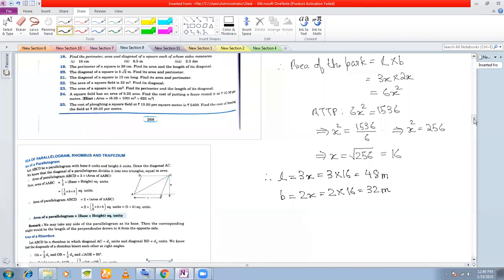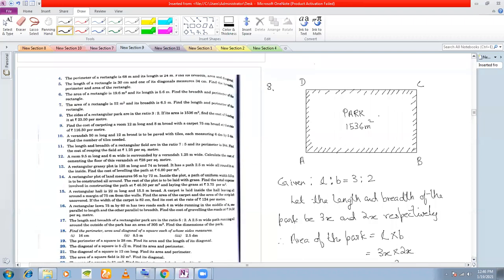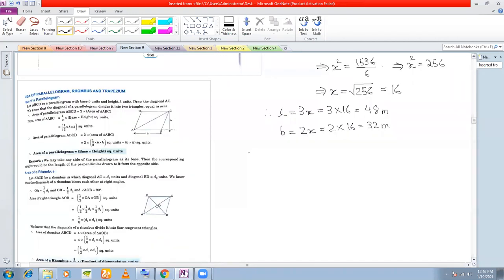Okay, so now if I want to fence this all around, that means the fencing has to be put all throughout your length and throughout your breadth. So first we need to find out the perimeter of this rectangle.